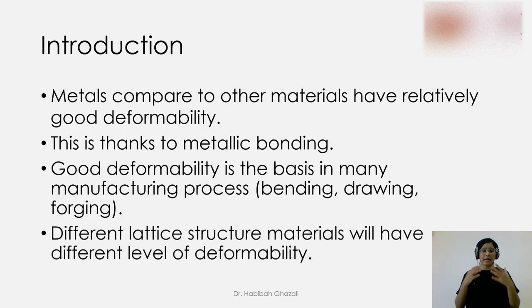However, their levels of deformability are not all the same. Depending on their crystal structure, they will have different deformability, and this is what we're going to cover in this topic.